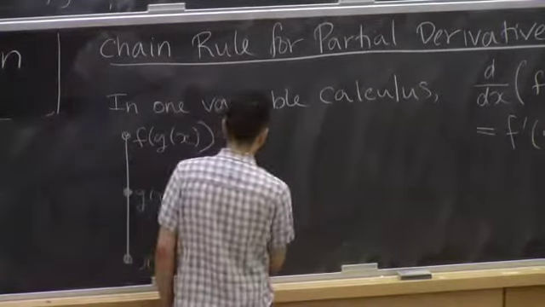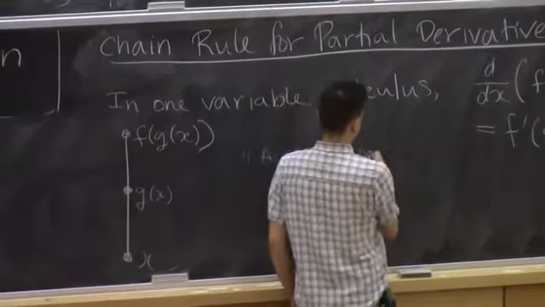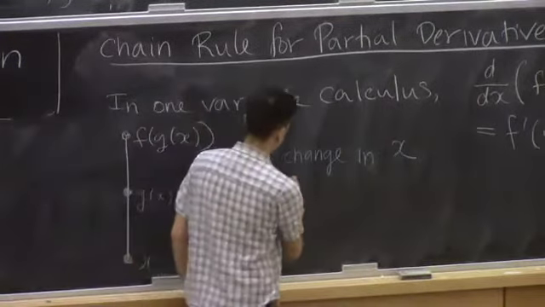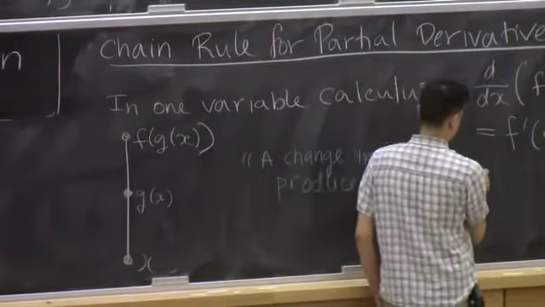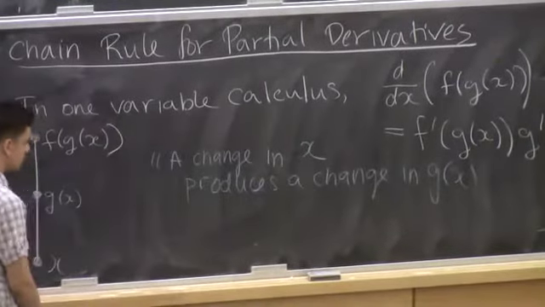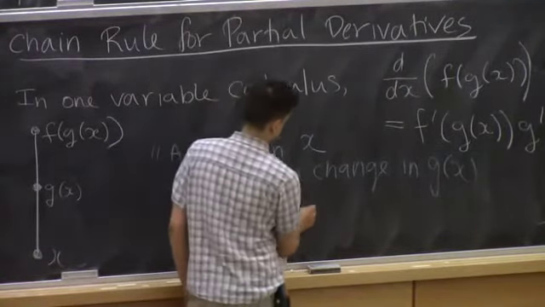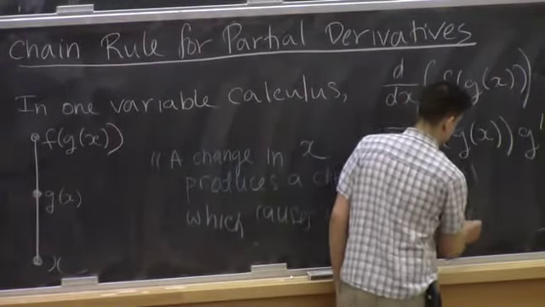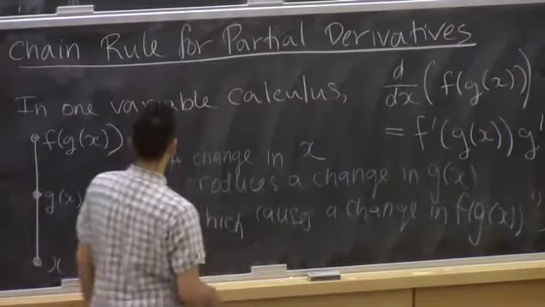And the idea is that if we change x, that produces a change in g of x, which causes a change in f of g of x.